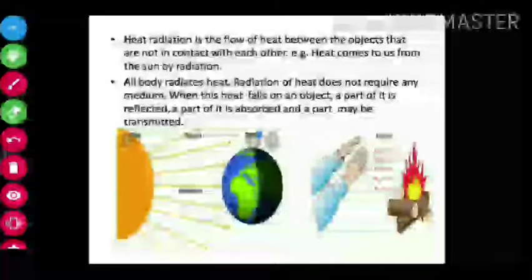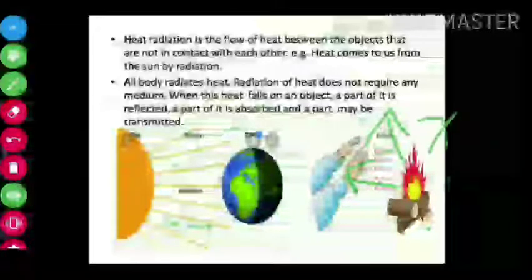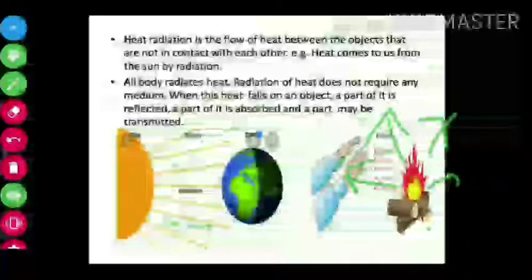And when we are sitting near the fire, we are feeling warm. That is because of radiation, because the fire radiates heat everywhere, every side of the fire, so that the people surrounding the fire can feel heat.